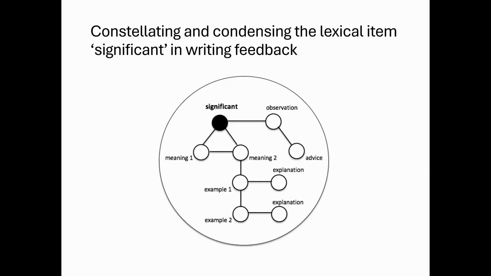And for this teacher, and for me understanding the classroom, this certainly did. So the teacher made this observation about significant, how it wasn't a direct synonym for important, and then went on to give some advice to students.